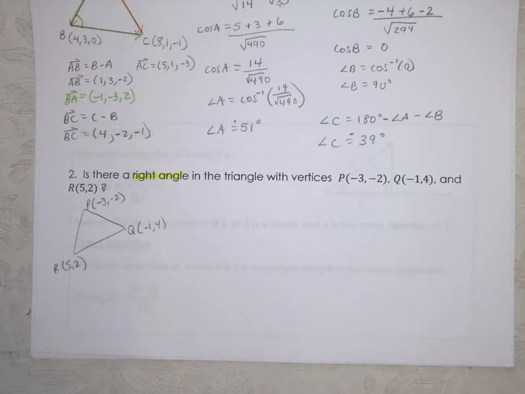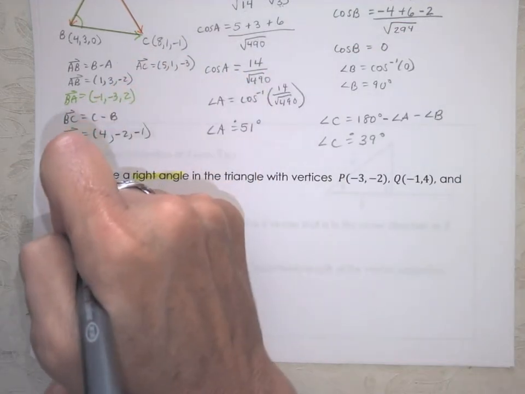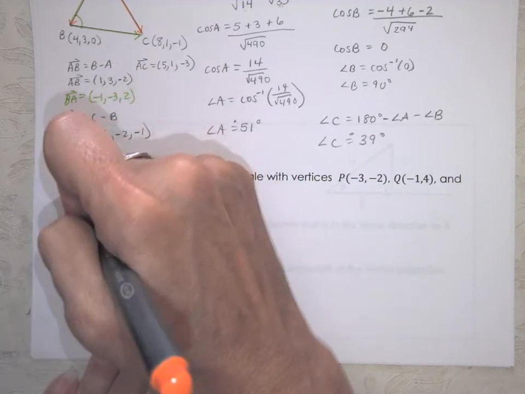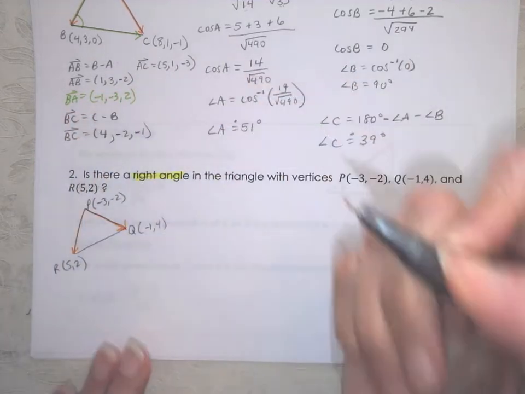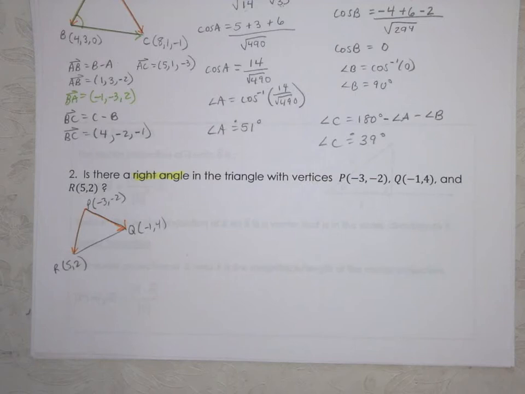Say I want to check whether or not angle P is 90 degrees, because all I care about is if I have a right triangle or not. So all I really care about there is whether the dot product of PR and PQ is 0 or not.